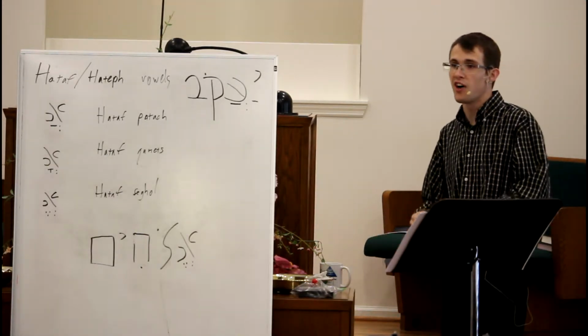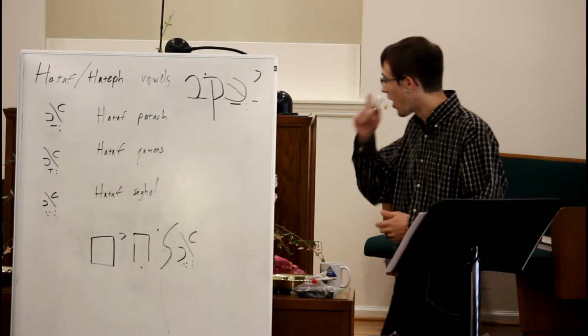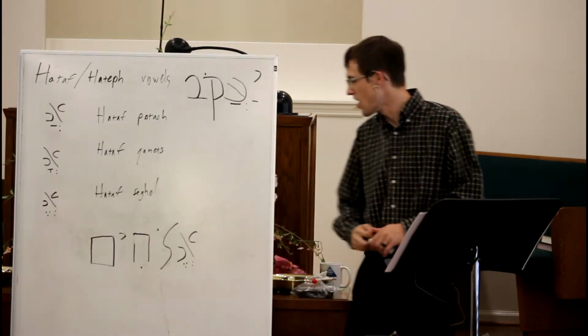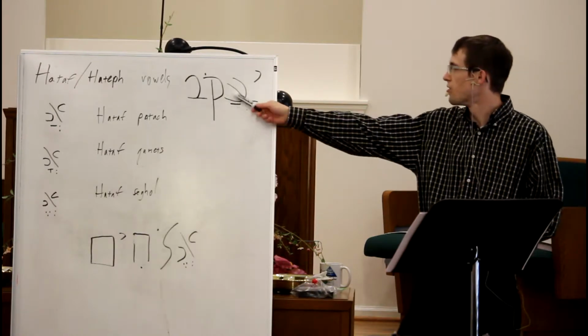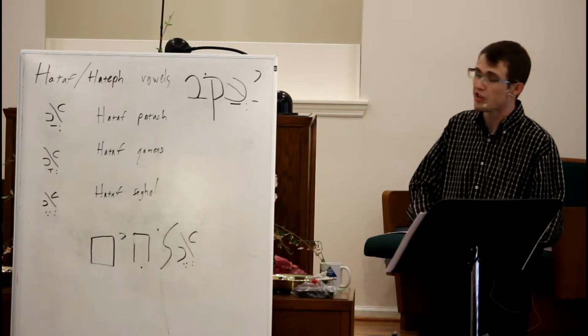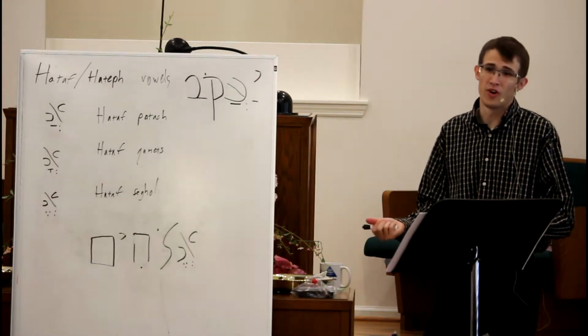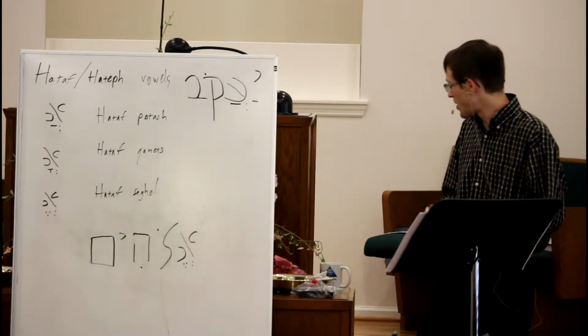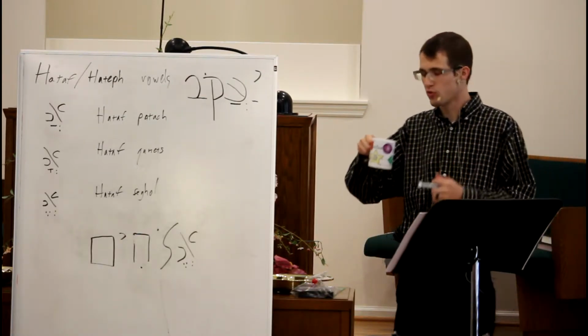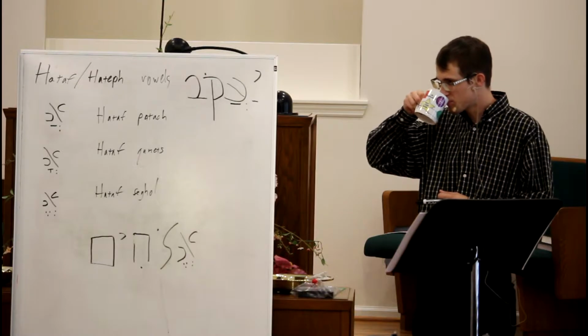Most of the time when you see an aleph, it's going to be at the beginning of a word, as in the case of Elohim. But you are going to run into some in the middle of a word. And when we get to verbs, you're going to have gutturals that are going to be the middle letter of a verb. And that's really going to affect some of the shifting and conjugating of the vowels within the verbal system.